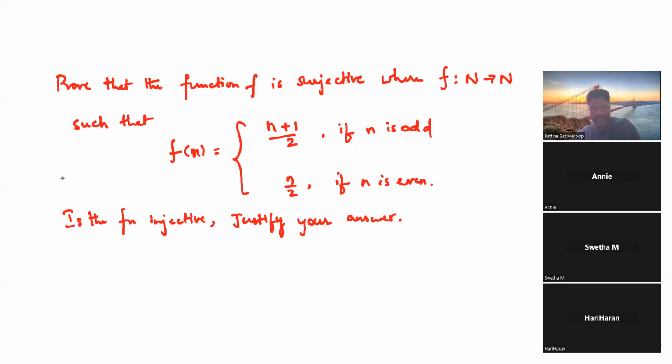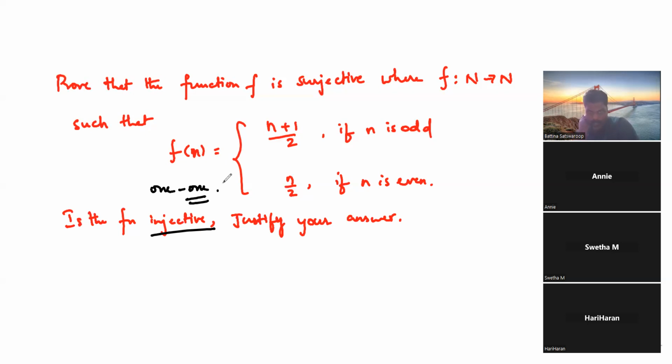First of all, what do they mean by injective function, sir? What do you mean by injective function? 1 to 1. They are asking us to check whether they are 1 to 1 or not.